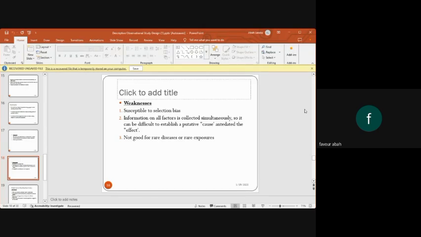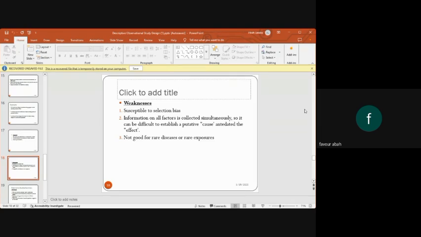You cannot tell if the risk factor or the exposure precedes the outcome. If someone has lung cancer and has filled out your questionnaire, you cannot tell if this person had cancer before they started smoking, or started smoking before they had cancer. So you cannot establish a temporal sequence in a cross-sectional study.